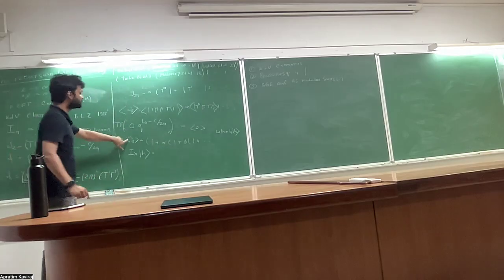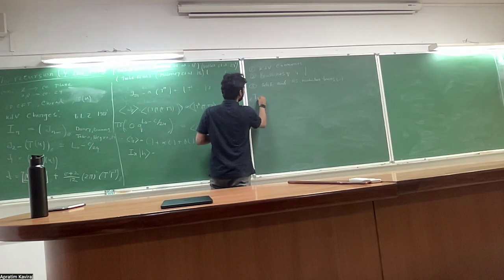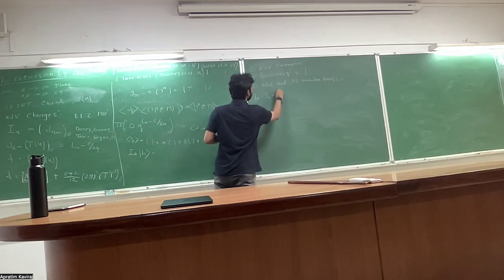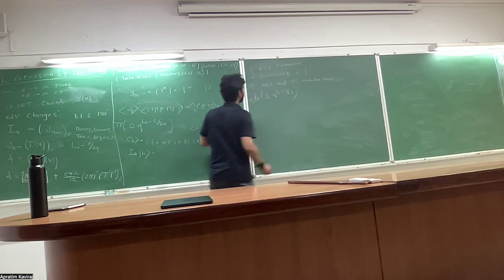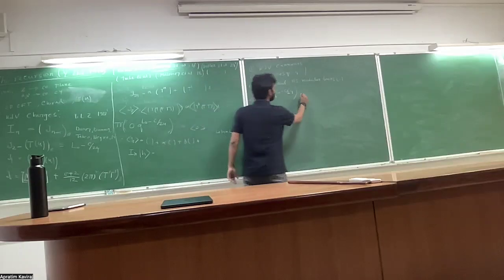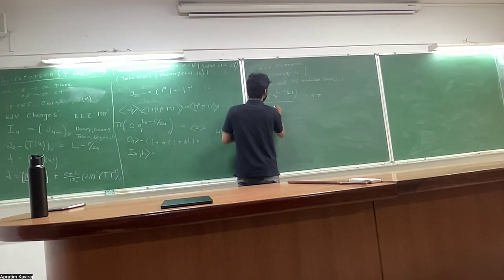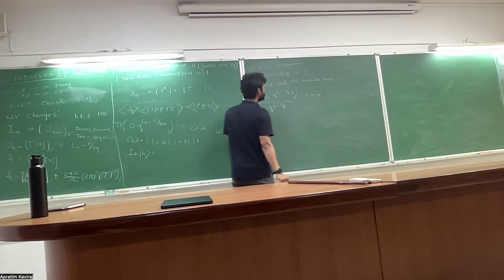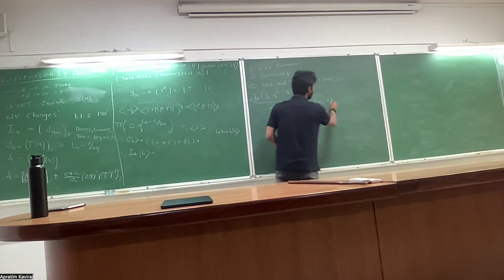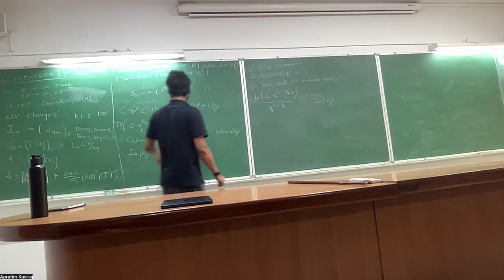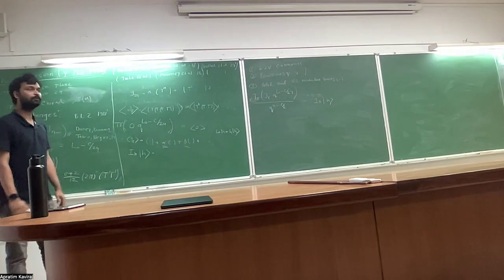And the argument is that since this is a trace of J, q to the power L0 minus c by 24, the argument is as q tends to 0, when I divide this by q to the power h minus c by 24 and take the q tends to 0 limit, this should match with the charge on the highest weight state, and I can fix the undetermined coefficients. This is what Meloni did.